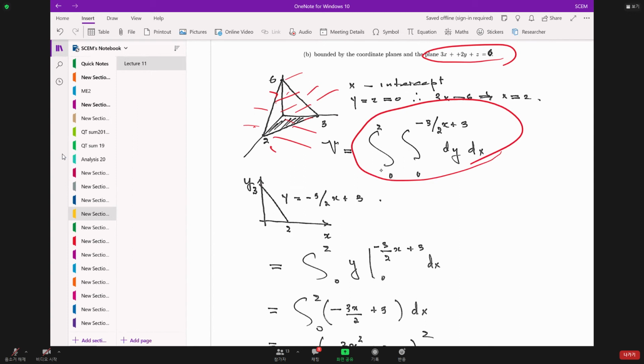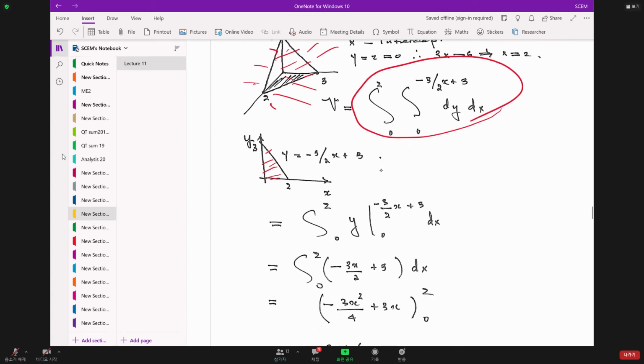We are integrating over this region here. To integrate over this region, you write the equation of this line. Just like we did earlier on, the equation of that line is minus 3 by 2 x plus 3. So to find the volume, this is what we do.